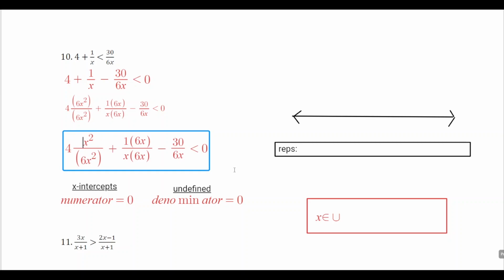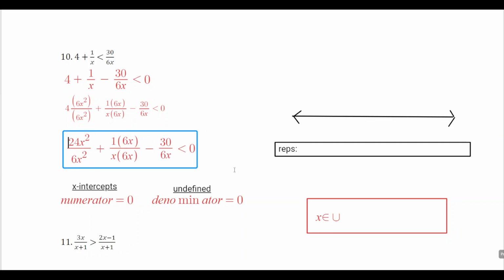I got 24x squared over 6x squared plus 6x over 6x squared. Oops. And then it looks like I forgot to multiply the last one, right?